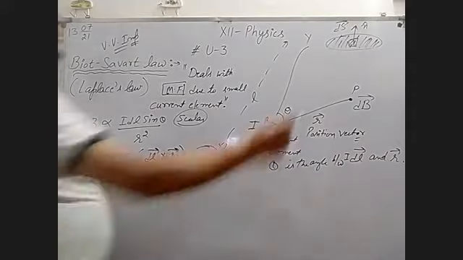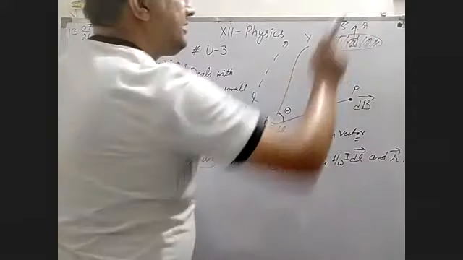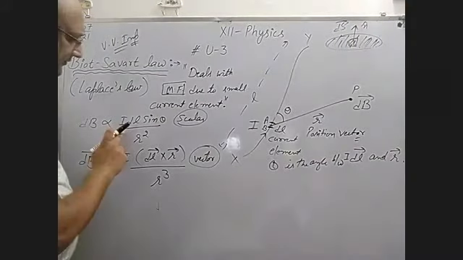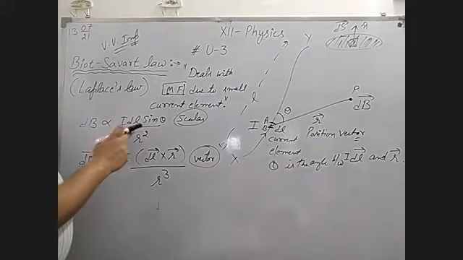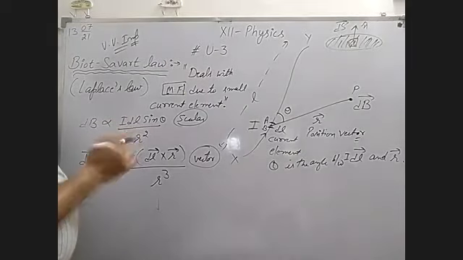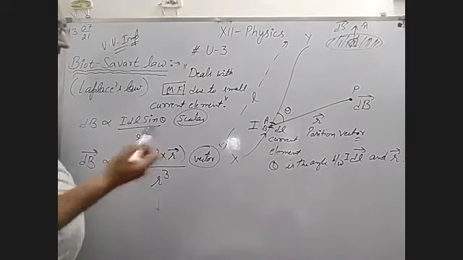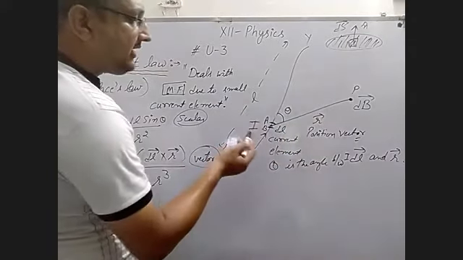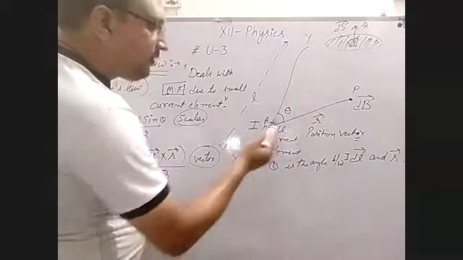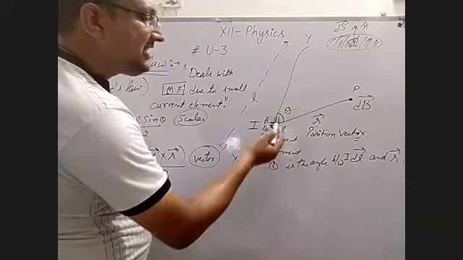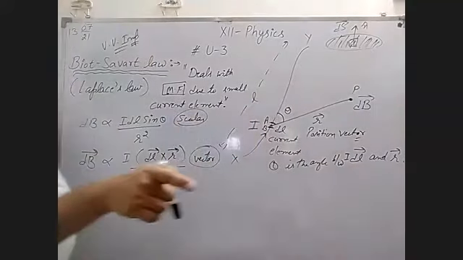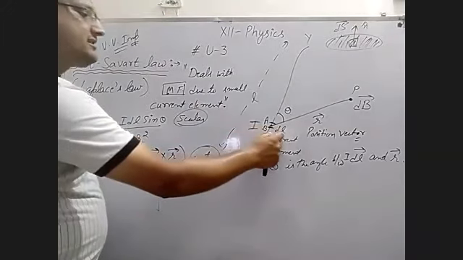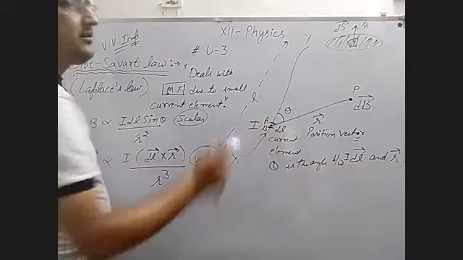But by this normal, you can take the area as a vector. Here, this is similar to that. Because I is a scalar quantity and I want to take the angle between this and this, then how? This I moves along this length, and this length works as a vector. So on account of this dl, you can take the direction of I.